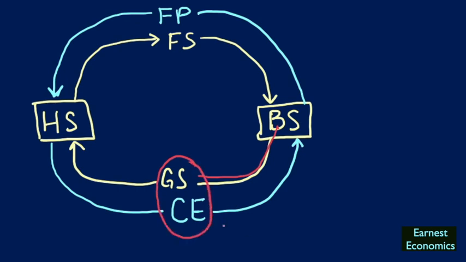We call it the product market, where final goods and services are bought and sold. And on the other hand, where we are selling and buying the factor services, we call it the factor market. So you need to keep this in mind.